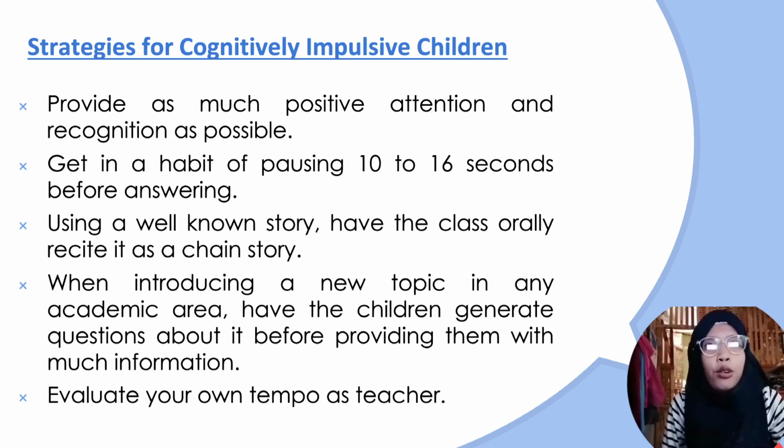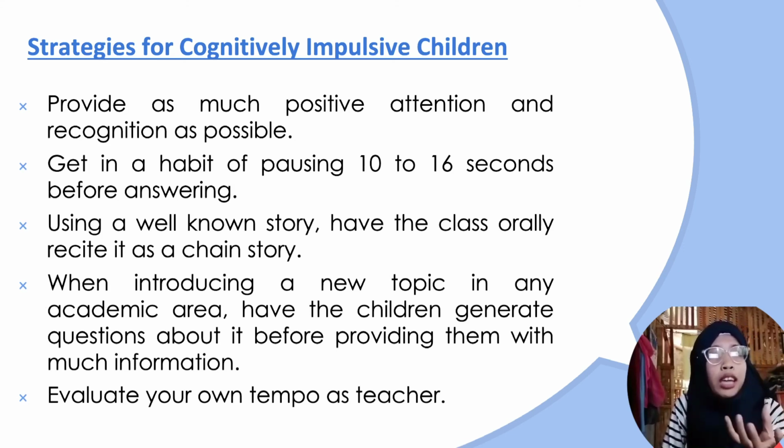We have also strategies for cognitively impulsive children. So this is for those kids who have trouble keeping up with the job at hand. A teacher can provide as much positive attention and recognition as possible. It can help us recognize the early communication needs of our students. We can display small gestures such as cuddling. We can smile at them, talk to them.